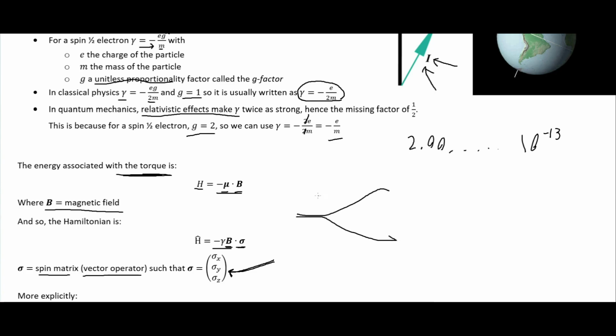When we pass it through our magnet here, it causes a split based on whether it's in spin up or spin down. I've talked about it in previous videos quite a bit, but I'm going to talk about it from a different angle, the angle found in Griffiths' quantum mechanics textbook.